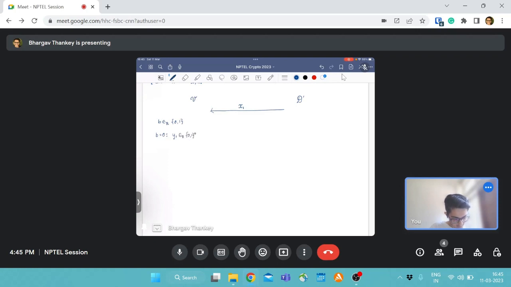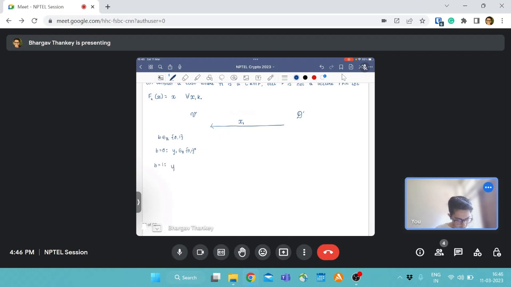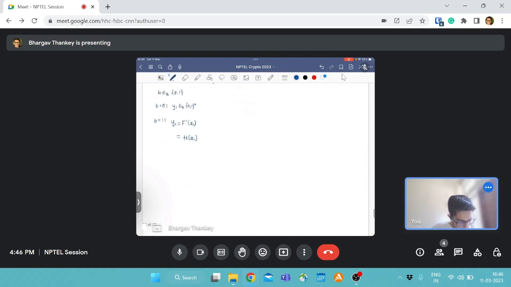If B is 1, then it sets Y1 according to F prime. And in this case, F prime of X1 is just H of X1. And then it sends Y1 to the distinguisher. Now the distinguisher knows H, so it can compute H of X1 on its own.